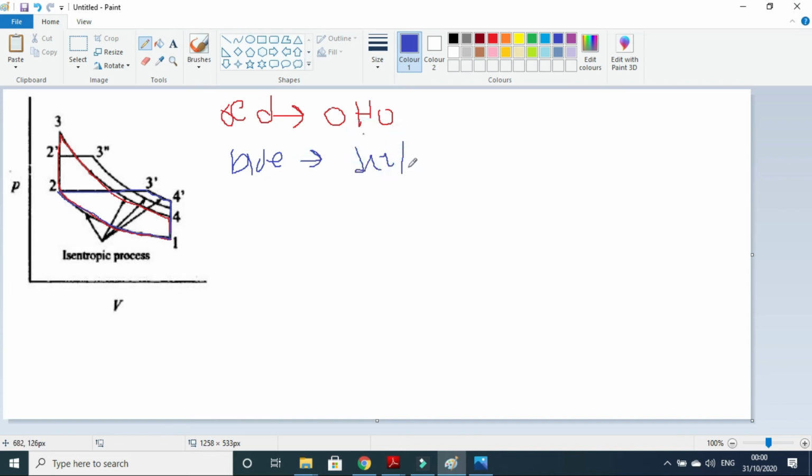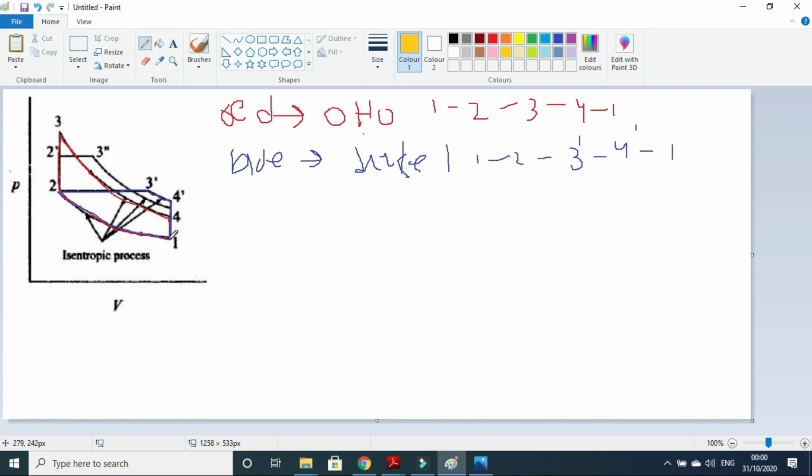So diesel cycle is 1 to 2, 2 to 3 dash, and 3 dash to 4 dash, and 4 dash to 1. While Otto is 1 to 2, 2 to 3, 3 to 4, and 4 to 1. Now we also have the dual cycle.